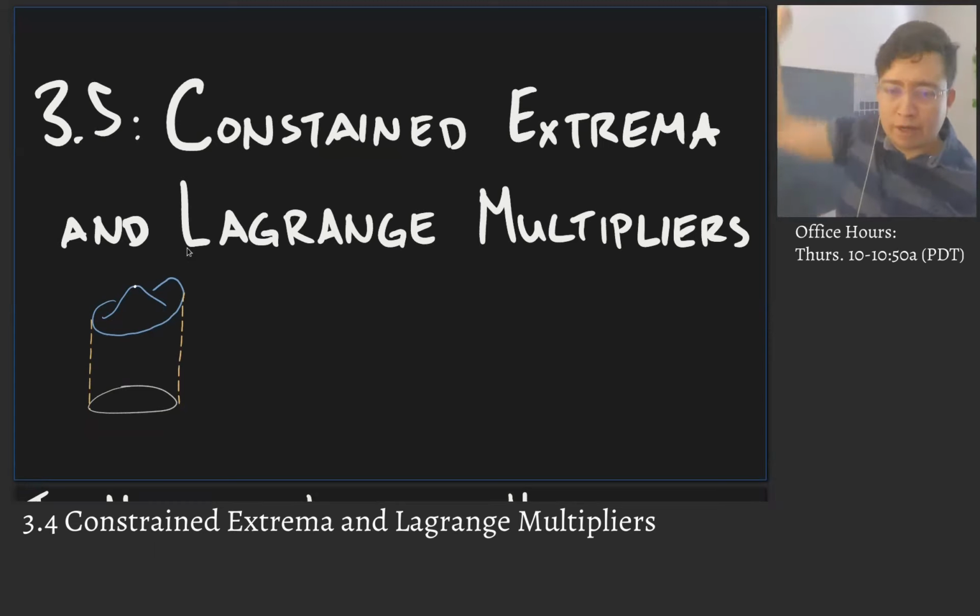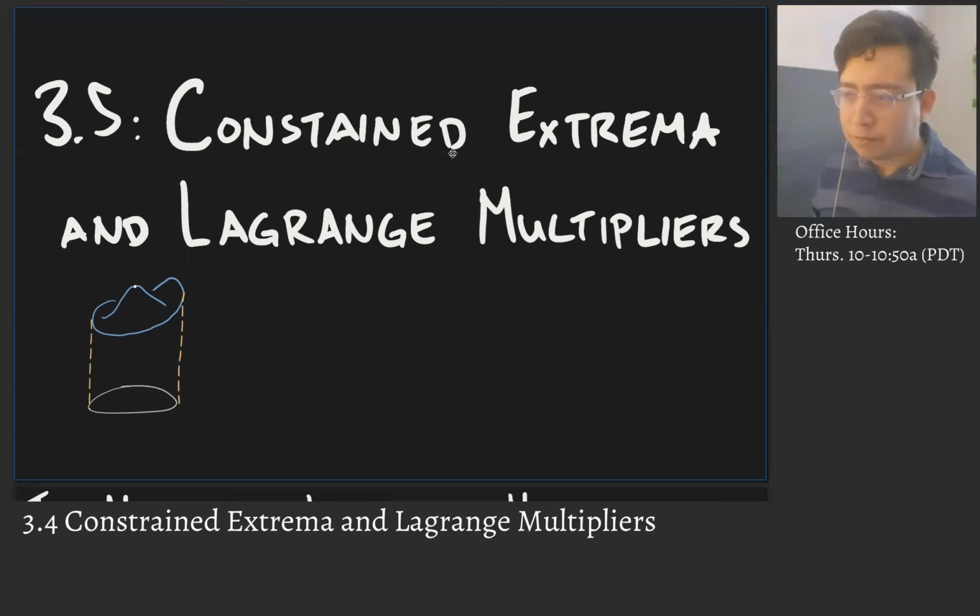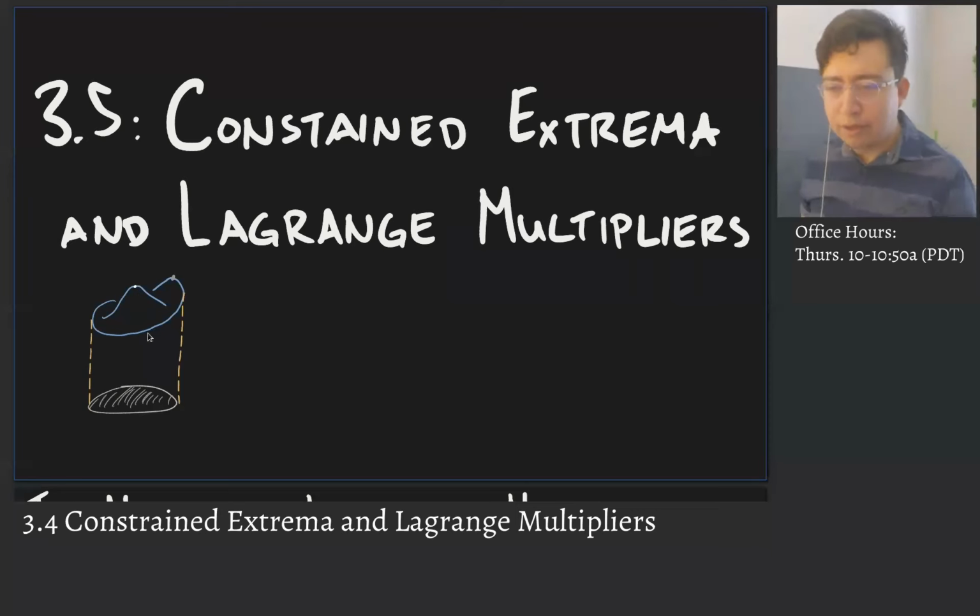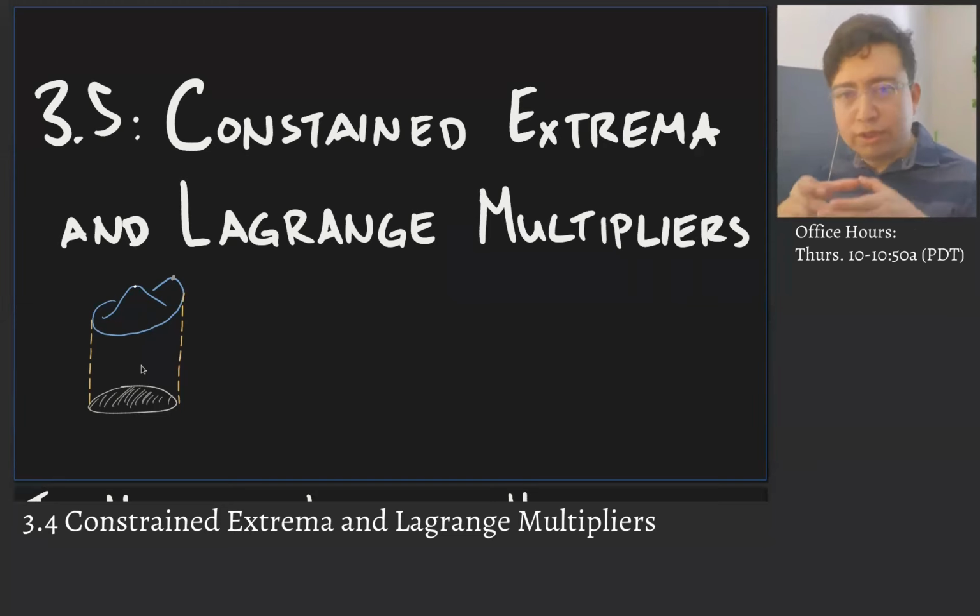But as soon as you cut it off and restrict to this little region down here, then you can see that over here we actually get a point that's taller than the little hill here. And that's the maximum value that's achieved if we restrict to this little circle at the bottom.